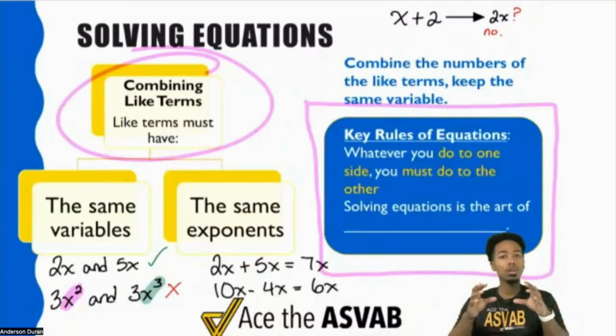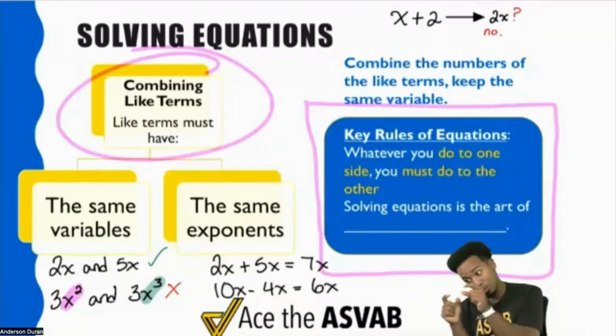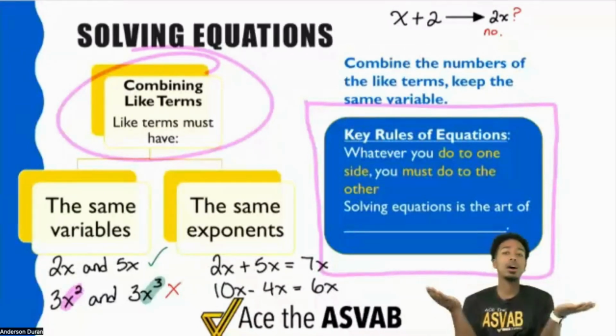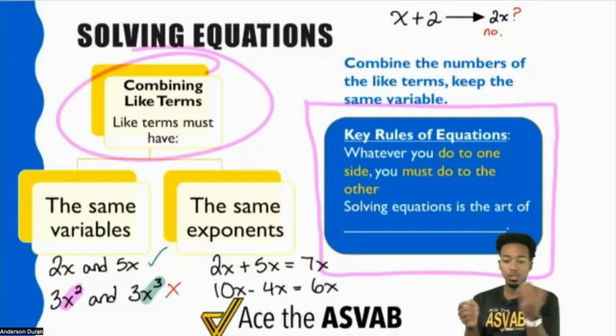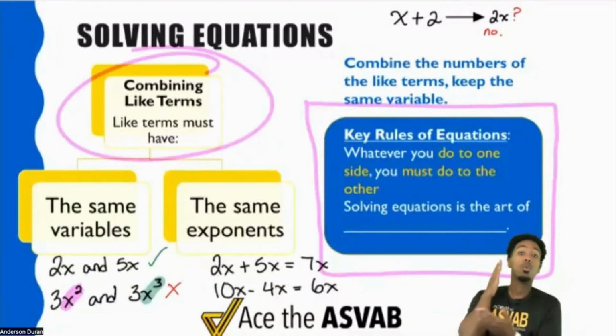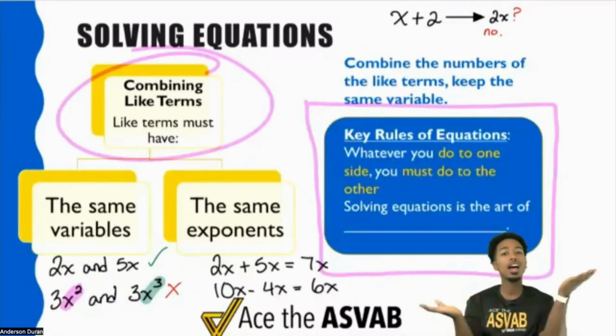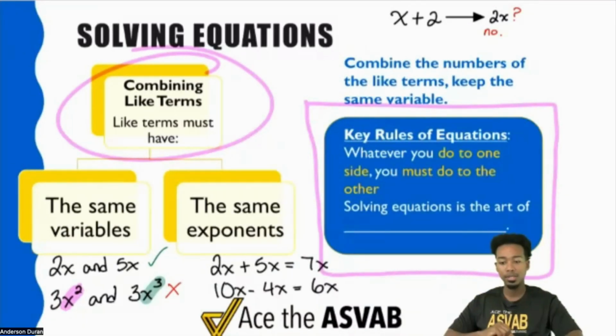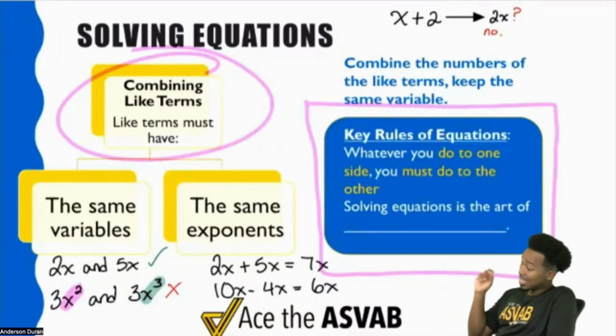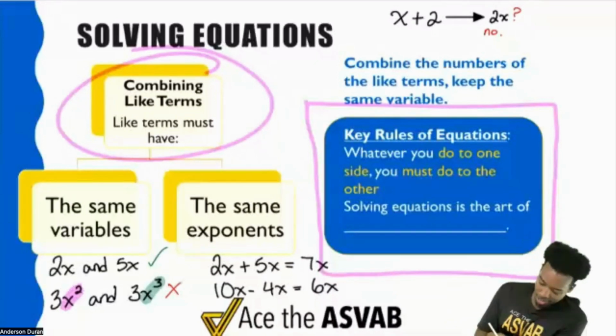Your goal is to basically solve the equation, figure out what that little missing piece is in there, what's inside this little box on this side, without disrupting the balance. So that's why step number one is key. Whatever you do to one side, do the same to the other. That's where that comes from, because you're trying to keep the balance or equal on both sides. And so that's number one.